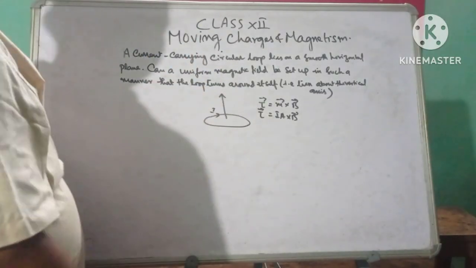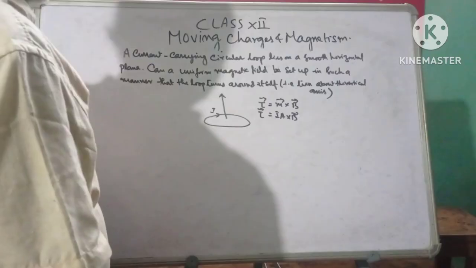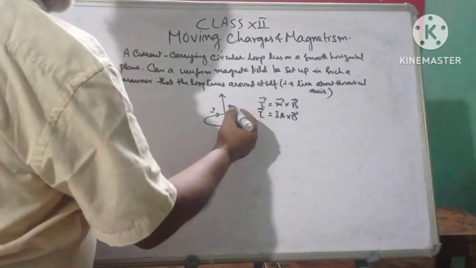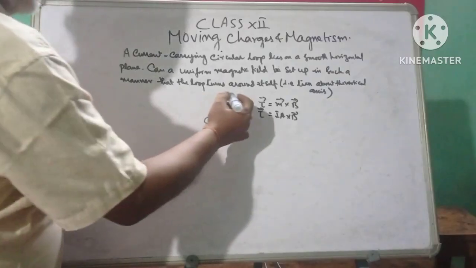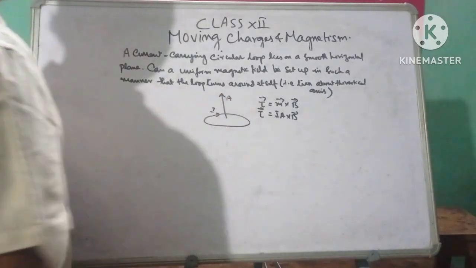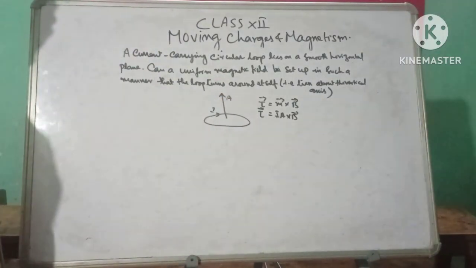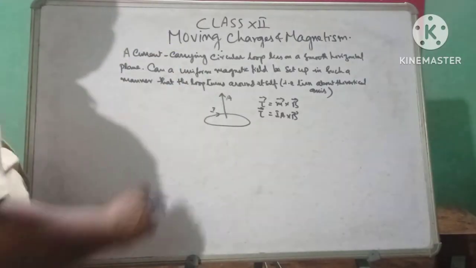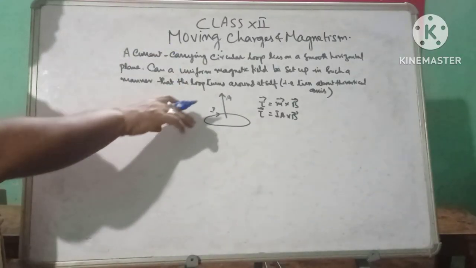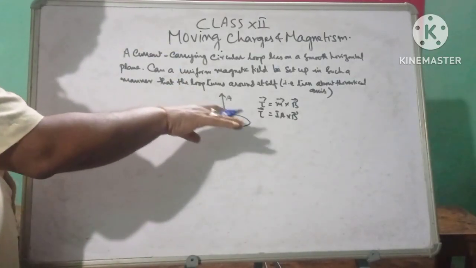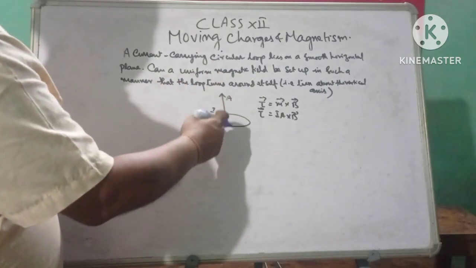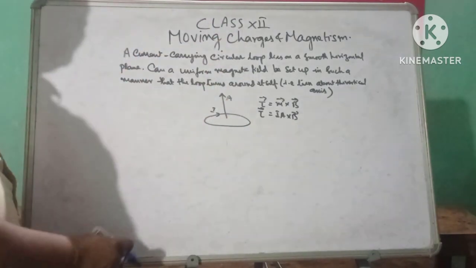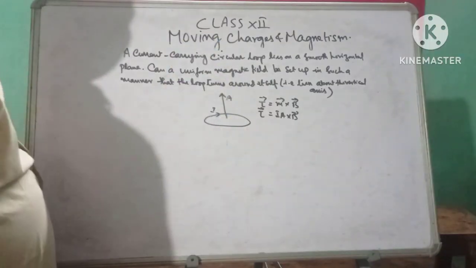So the torque must be in the vertical direction to create a rotation about the vertical axis. But the area vector has taken the vertical direction, because the loop is lying on the horizontal XY plane, so the direction of area is along the Z axis.